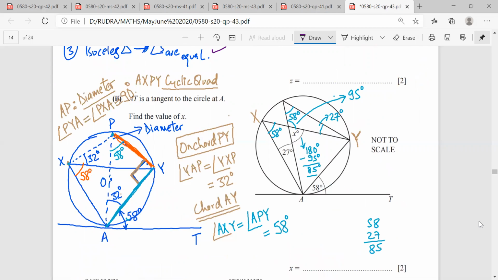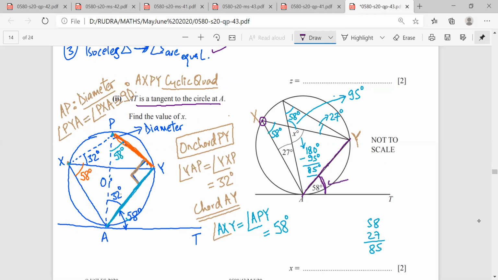AT is a tangent to the circle at A. Find the value of x. Now, in one of the theorems, it is usually used as a theorem, but if you want to see the proof, what the theorem says is that if there is a tangent AT making a certain angle, 58 degrees, with the chord AY, then the chord AY on the opposite side of this tangent, the angle that it would be making on the circle would be the same as this angle.